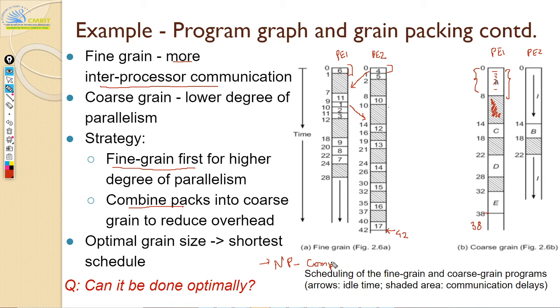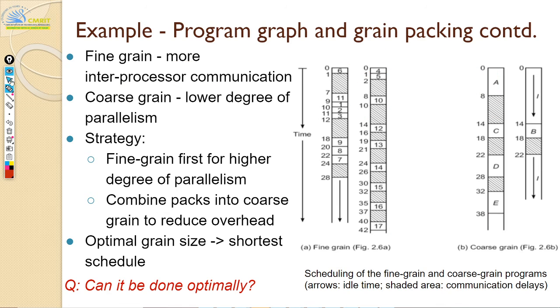Which means that there is no algorithm that can come up with the optimal schedule. So whatever you can come up with is only a heuristic or an approximate algorithm that can solve this for you. Any questions, guys?